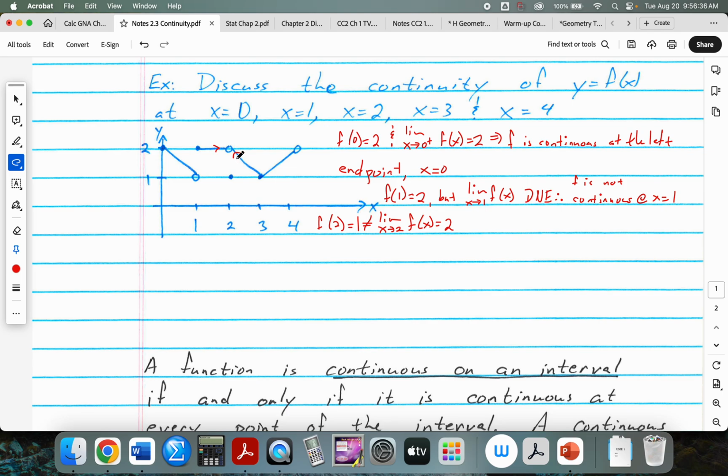As we approach 2, one side approaches 1, but the other side approaches 2. They go to different places. Therefore, f is not continuous at x equals 2.